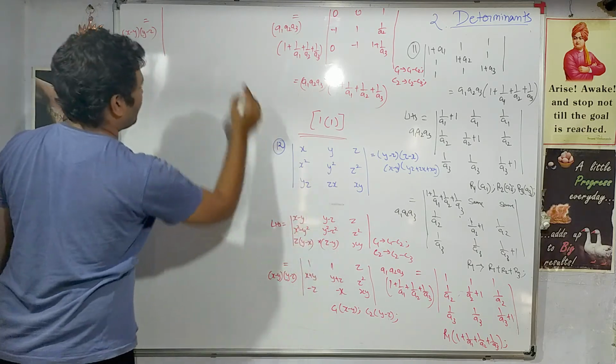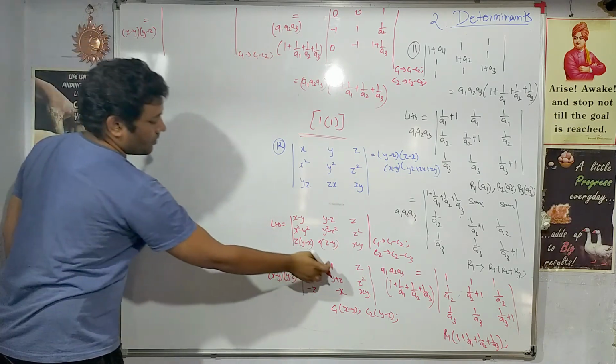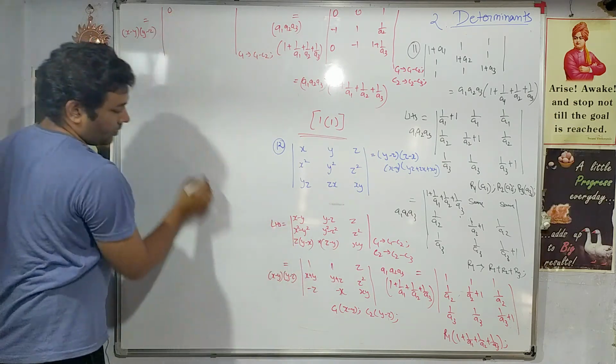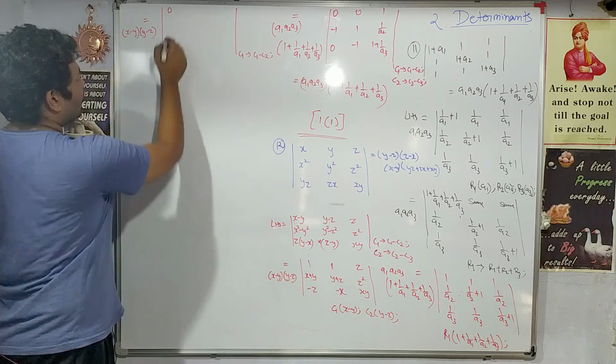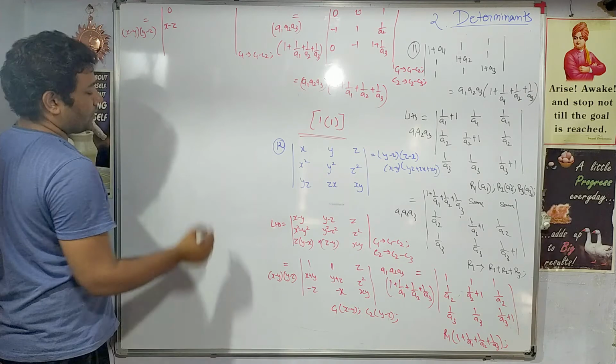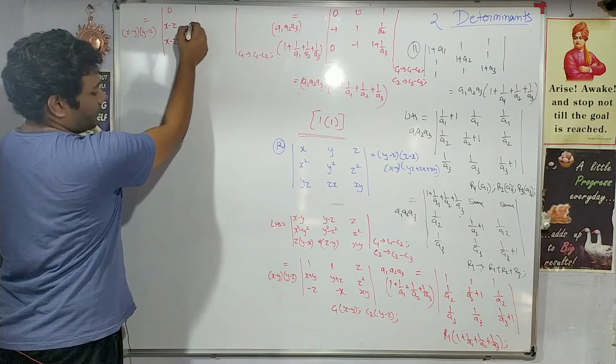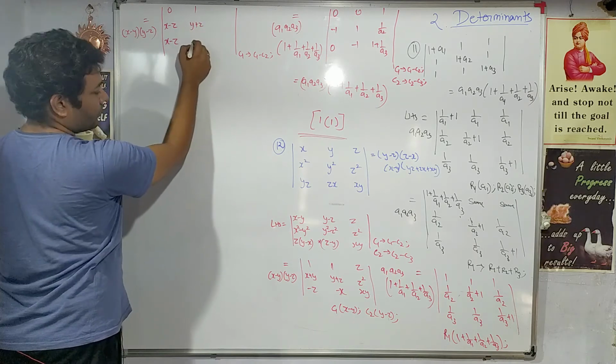So the operation is C1 minus C2. Subtraction 0. This subtraction here will give me x minus z, and this subtraction here will give me x minus z, right? Then let the other columns be as they are.